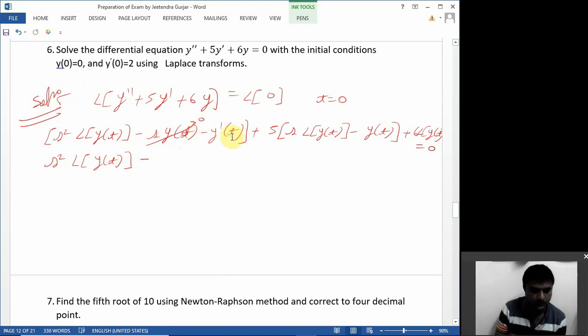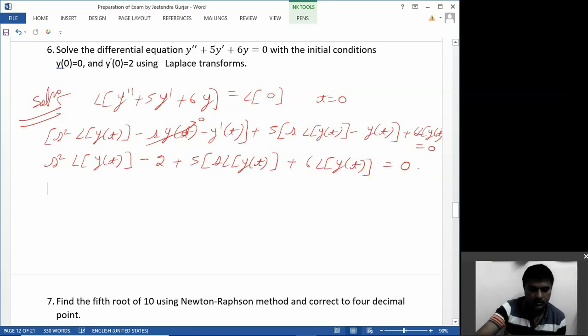Minus y'(0), y'(0) is 2. So this is minus 2, plus 5 s L of y(t), no change, minus y(0), which is 0, so I will not write that, plus 6 L of y(t), which is equal to 0.